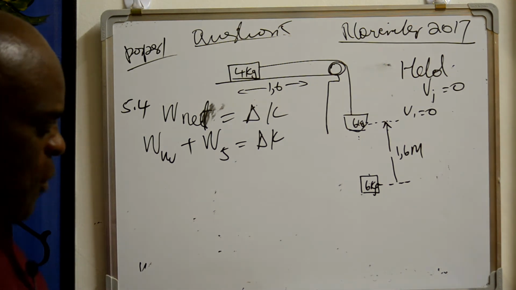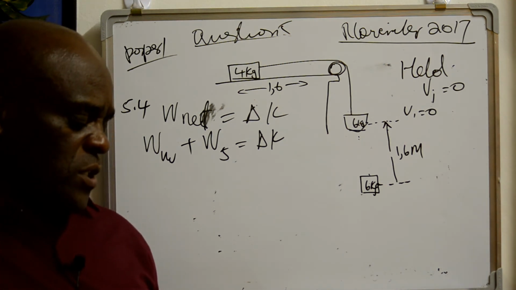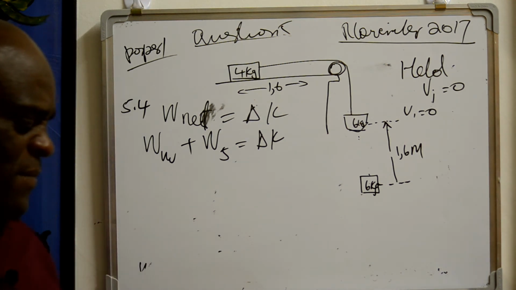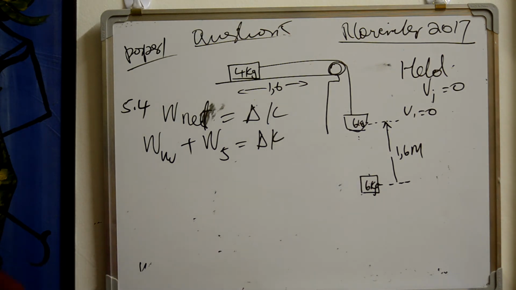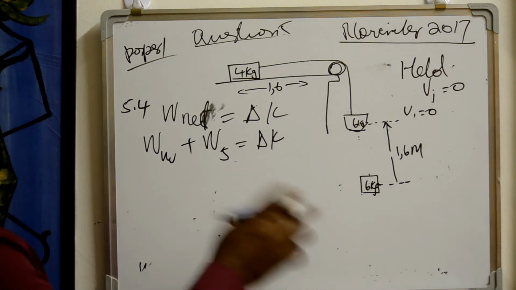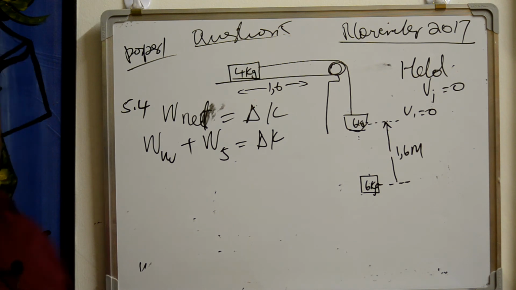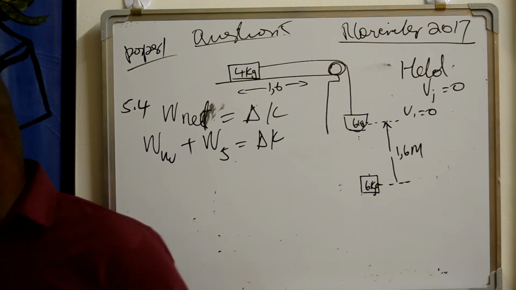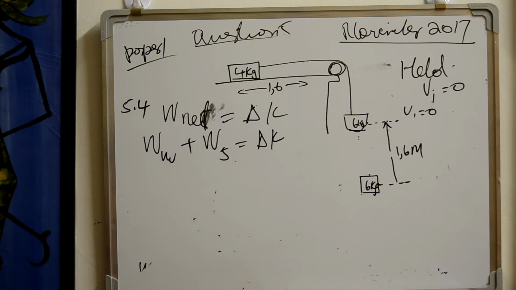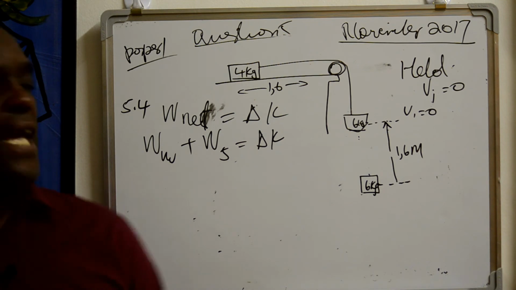In question 5.3, we were asked to calculate the work done by the gravitational force. I think we did this in question 5.3, and we got something like 98.0.